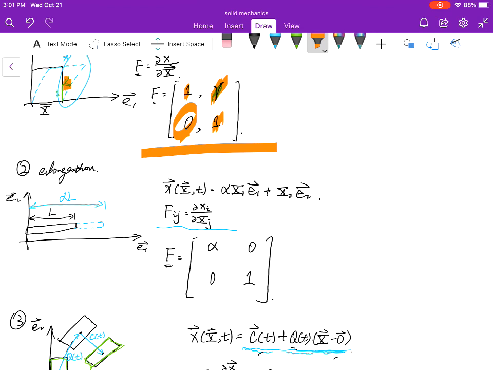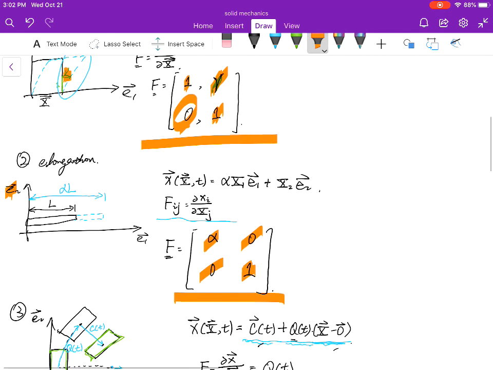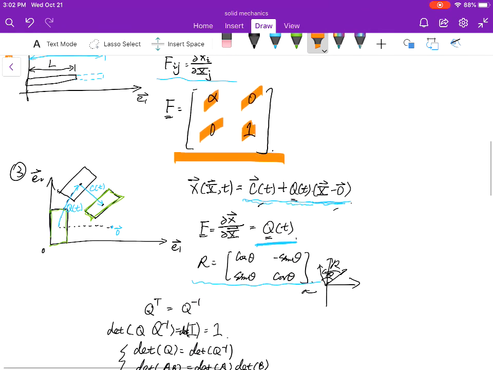For the elongation case, it's very similar: because we do not have shear, it's 0 in the shear term positions, and because we have elongation along E1, alpha is in the 1 1 component. If we have elongation along E2, we expect elongation alpha in the 2 2 component position, and that's what we learned from the elemental elongation problem.